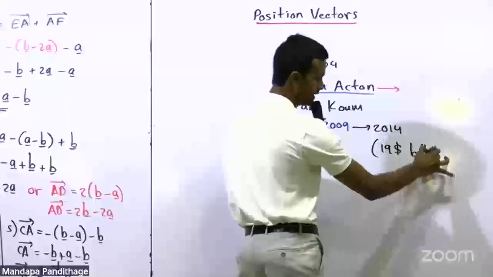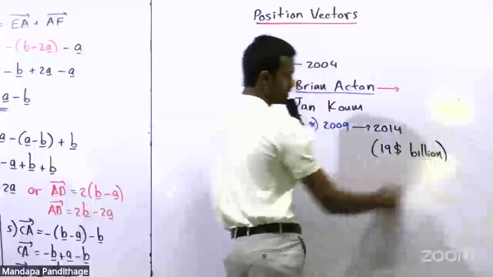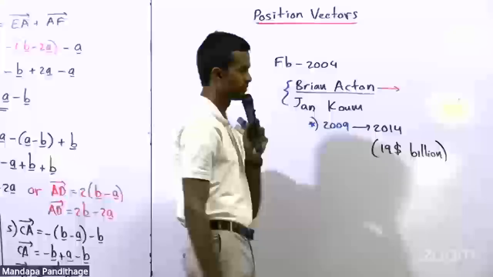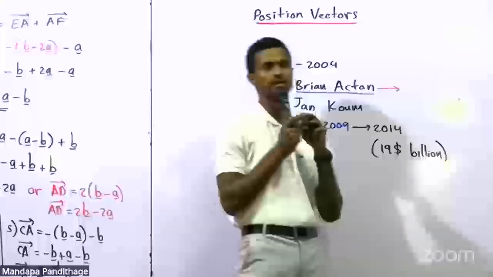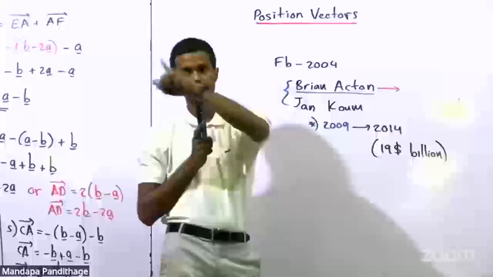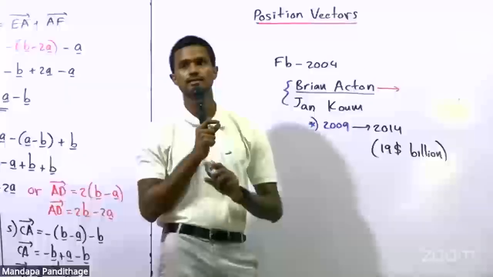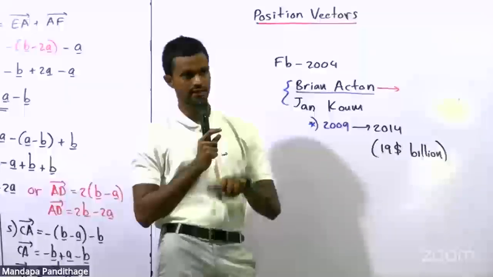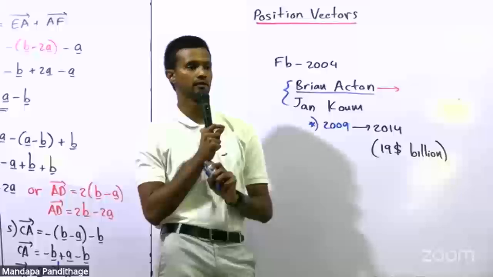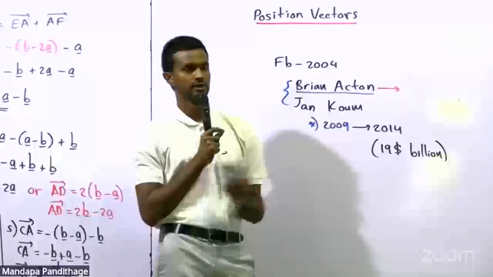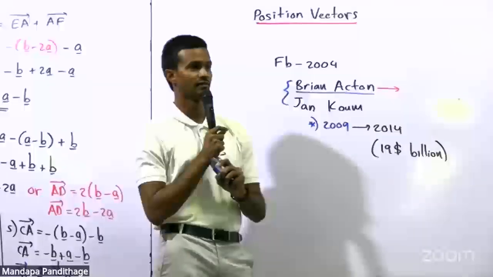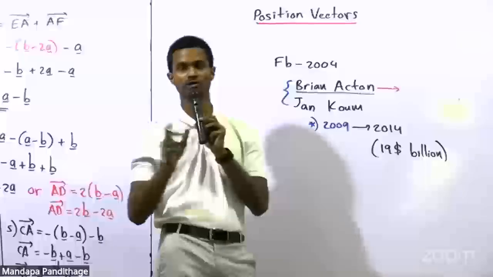Not million, billion. If you don't have an understanding of what $1 billion is, the entire Cinnamon Life hotel, the highest investment done by a private sector in Sri Lanka, is $1 billion. So it's like 19 Cinnamon Life hotels, including the two towers and the apartments.